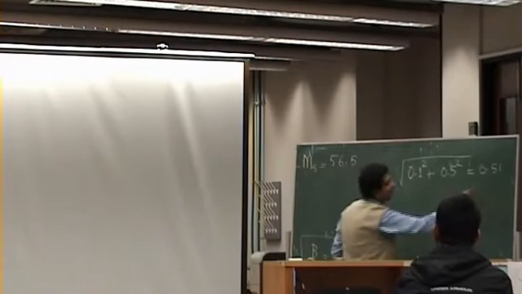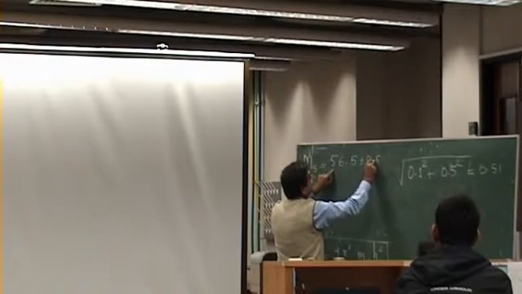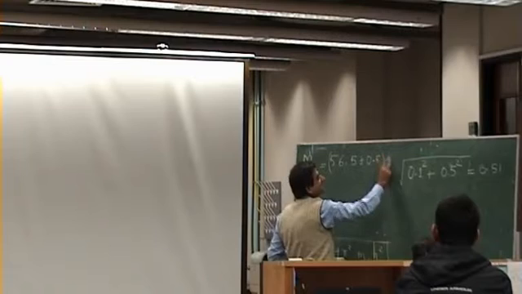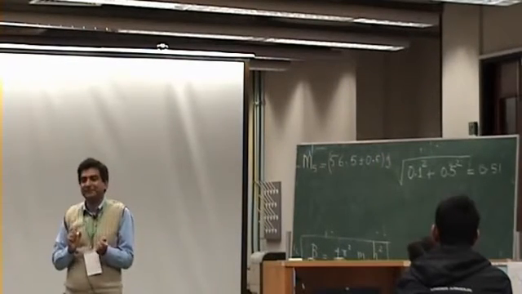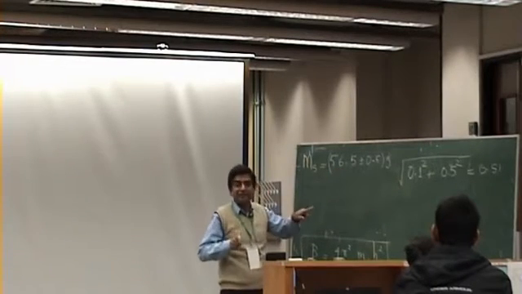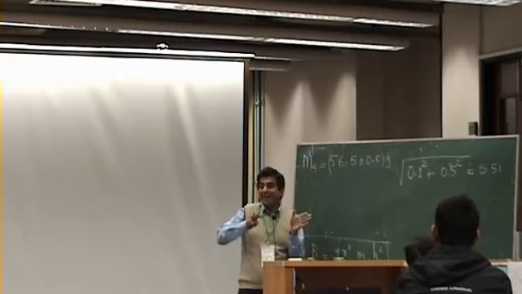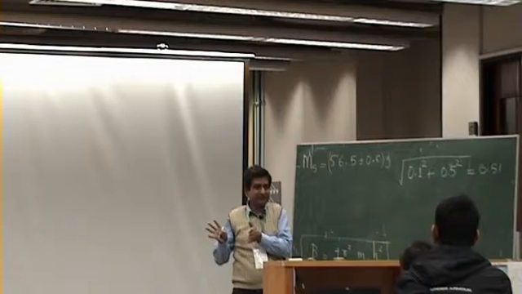So 0.5. So this becomes 0.5 gram. This is the mass of 5 magnets. This is the best estimate of the mass of 5 magnets, and this is the uncertainty in the mass of 5 magnets. Up to 68% confidence.